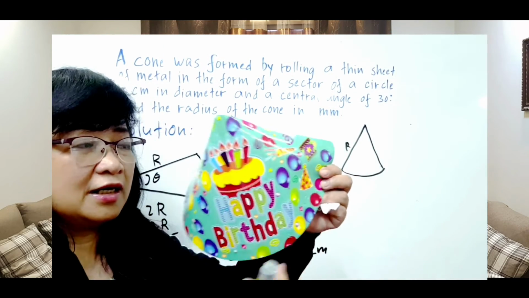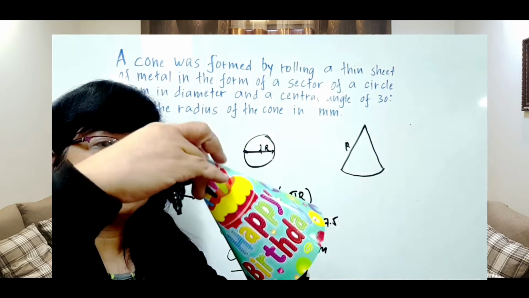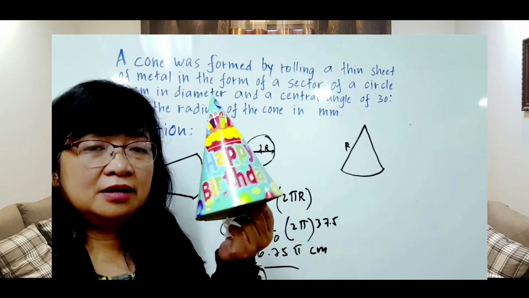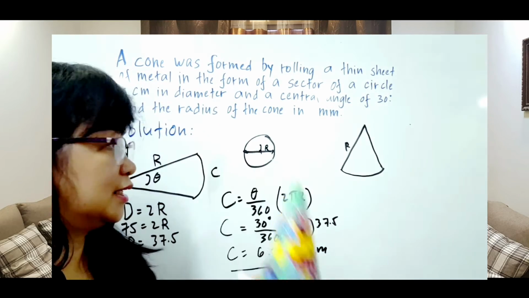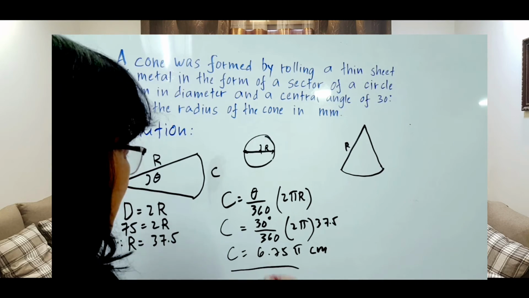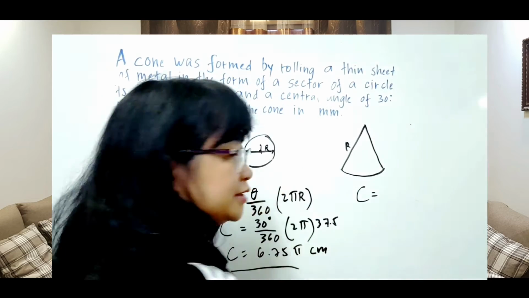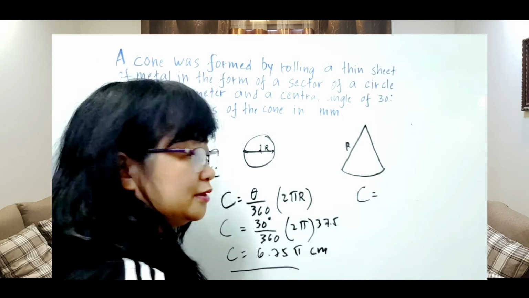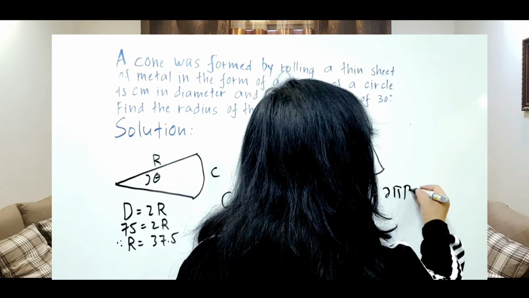Of course, when you roll it into a conical shape, the arc length will become the circumference of the circle. Therefore, the formula of the circumference of a circle is equal to 2 pi r.